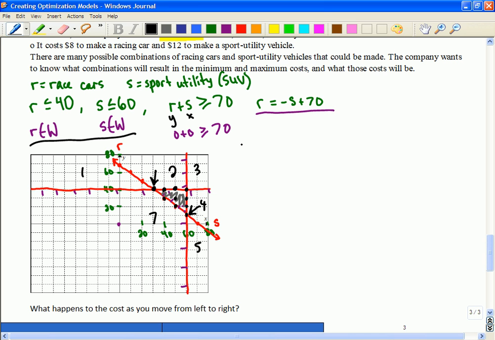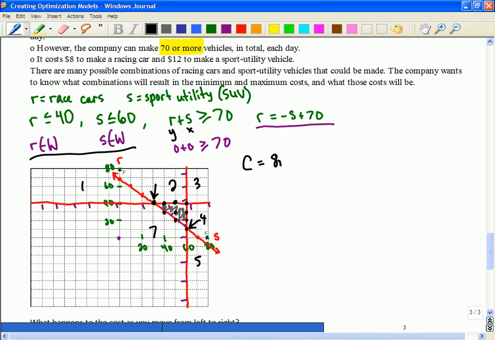So if we're looking for cost in this case, how do you determine cost? 8R plus 12S, absolutely. So that's my cost. If I want to maximize my cost, what should I use the most of? Sport utility vehicles.